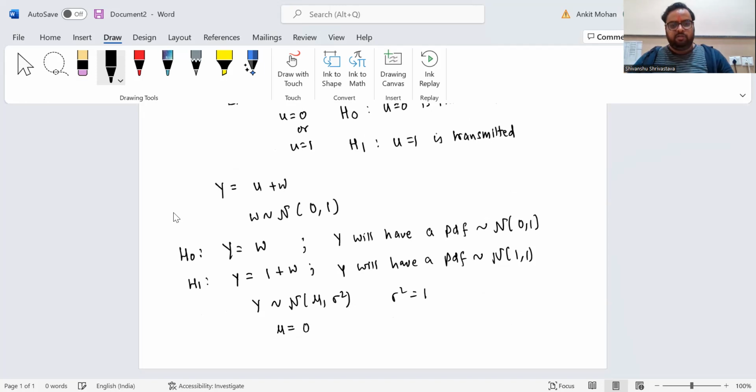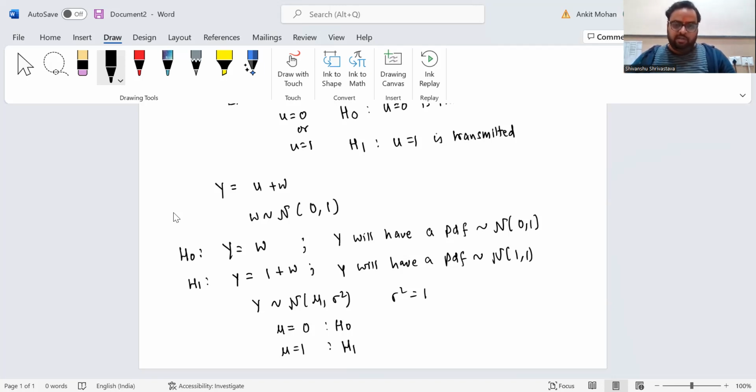Here mu is a mean, and this zero mean signifies the H0 hypothesis, whereas in the other case, when the signal 1 is present, the value of mu is 1. At that time we have hypothesis H1 true, and in that case the mean of Y will assume a value 1.